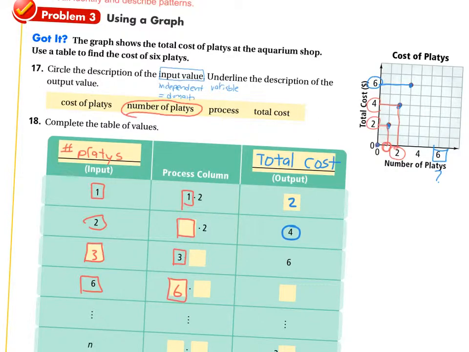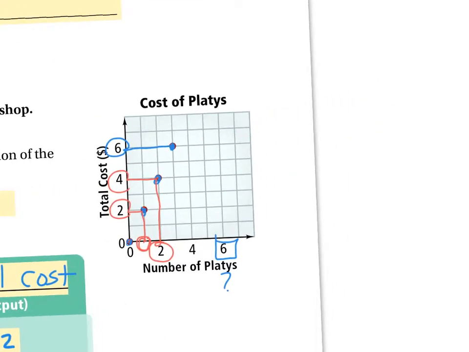So what about 6? What's this one going to give me? Well, if we follow the pattern, notice it's going to be somewhere up here, like that. And 6 is going to go all the way up to here and be out there. Now, this is beyond our scale. It's too high.